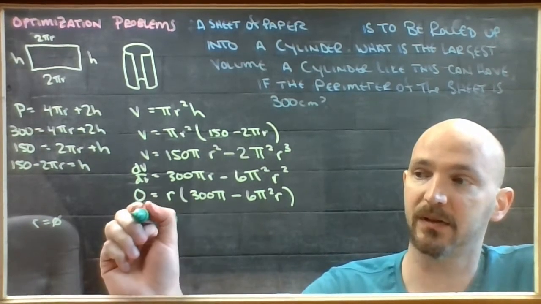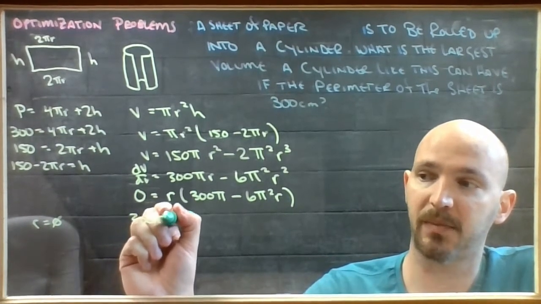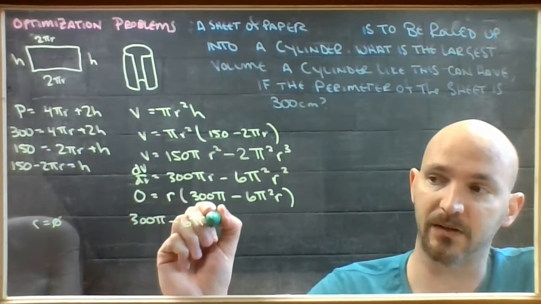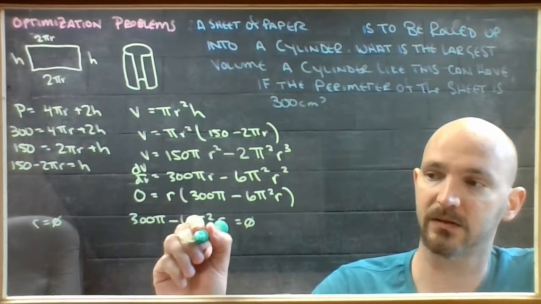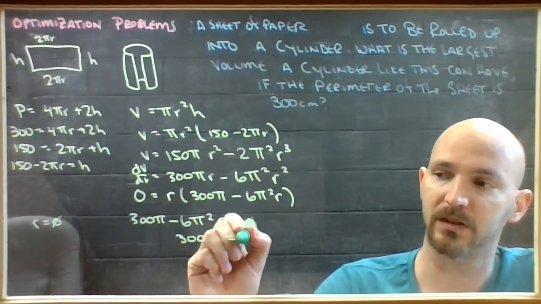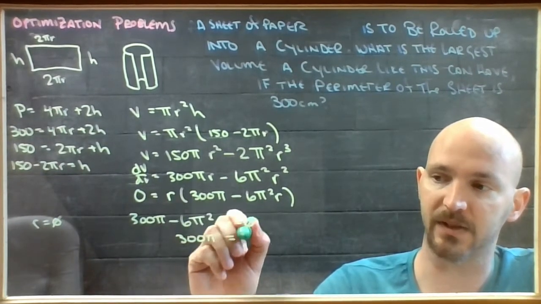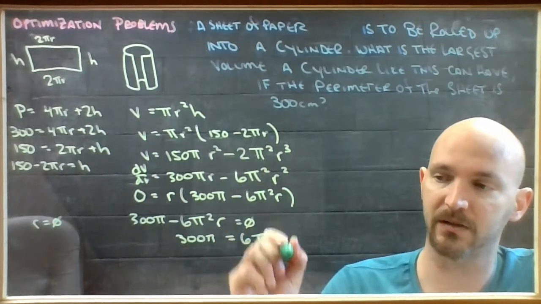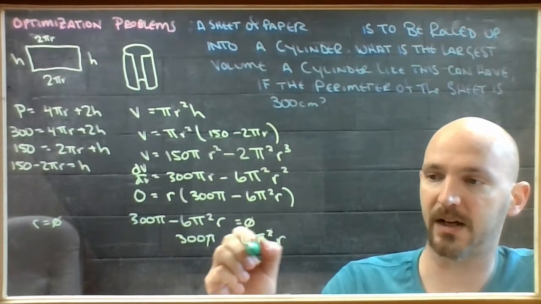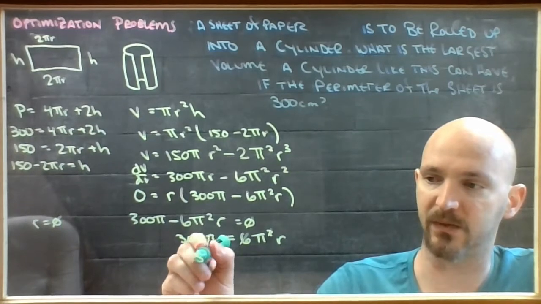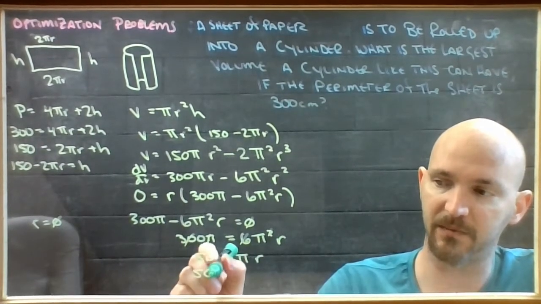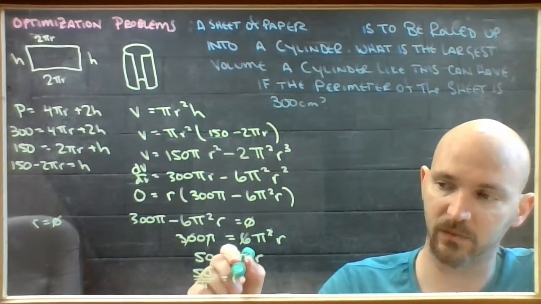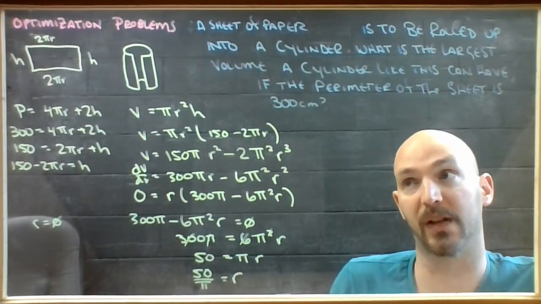Case 2, 300 pi minus 6 pi squared r equals 0. So if I bring this over, 300 pi equals 6 pi squared r. Pi divides pi, 300 divided by 6 is 50. So 50 divided by pi would be the radius I should use for that particular cylinder.